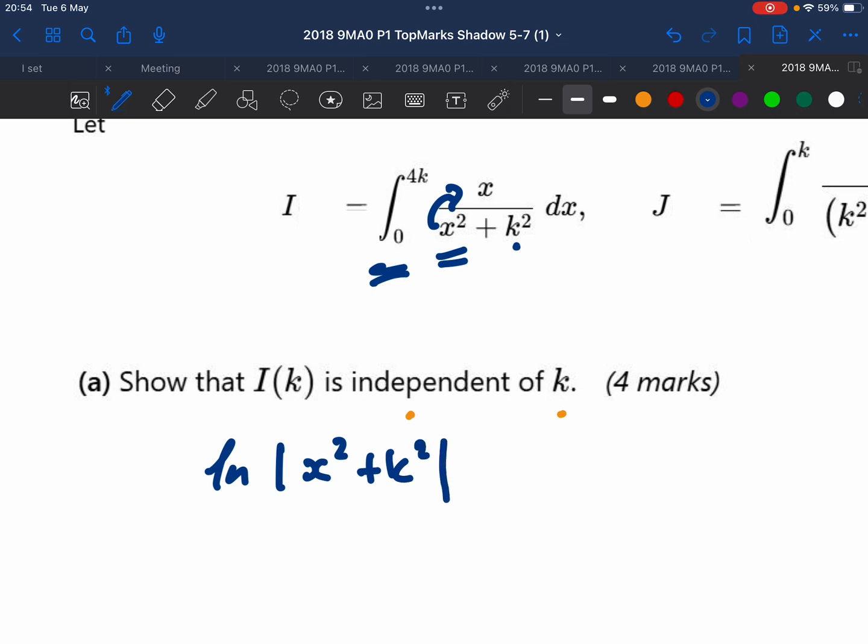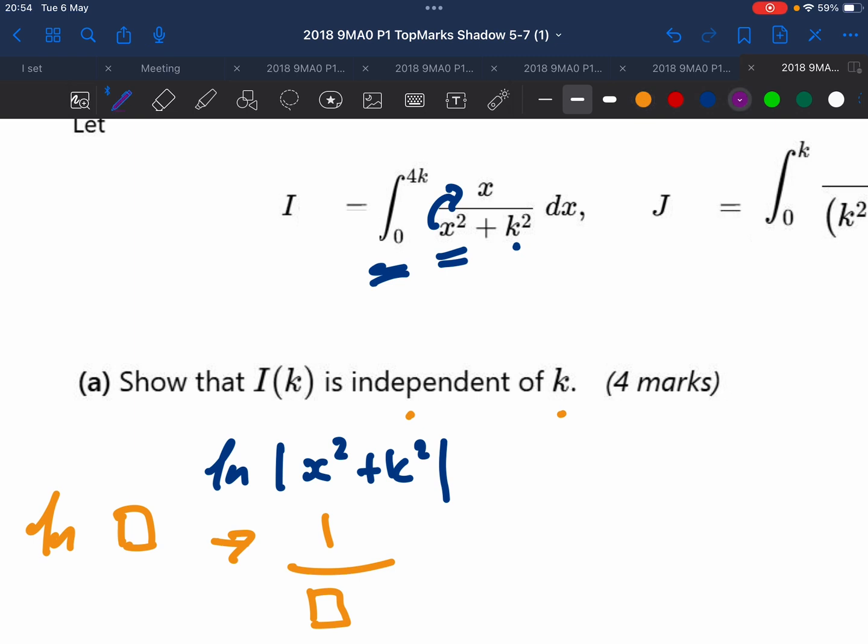Now, how do I know that? When you do natural log of something, when you differentiate, that gives you a 1 over that something. So the denominator will take care of itself. What about the x part?